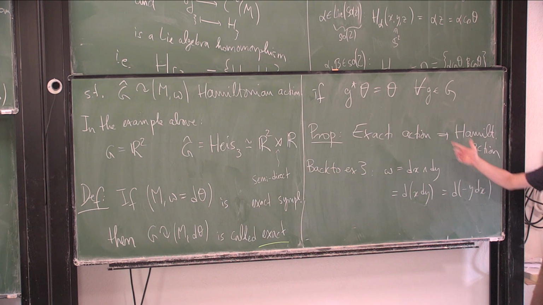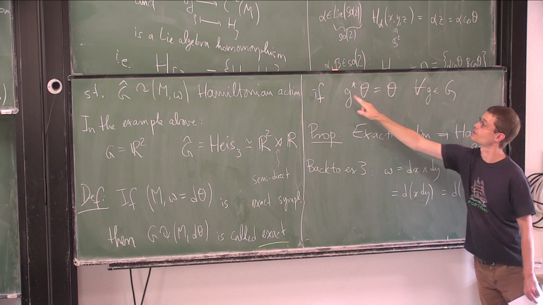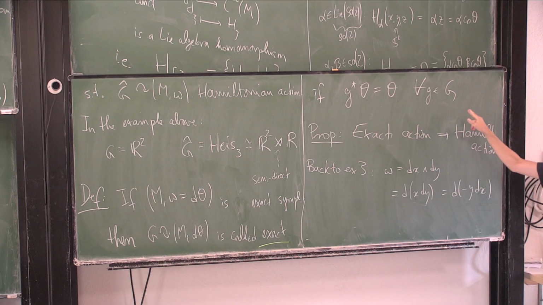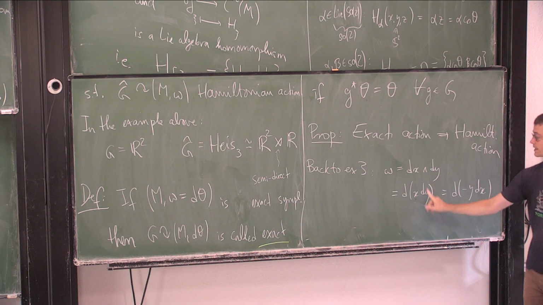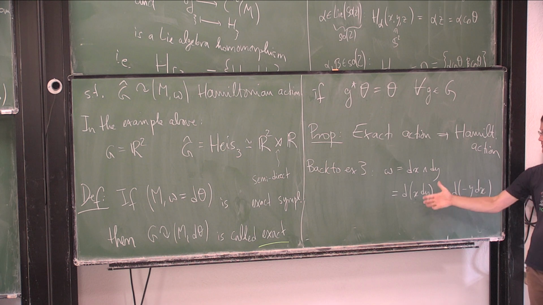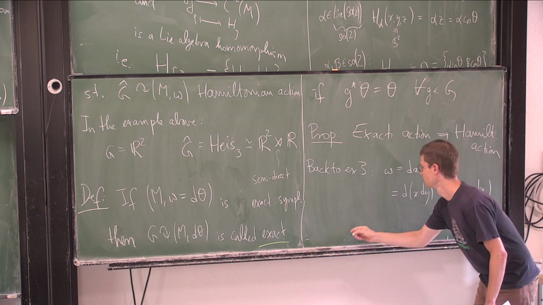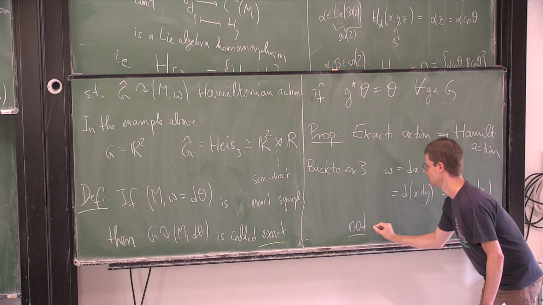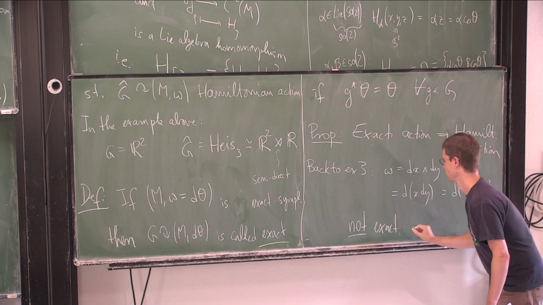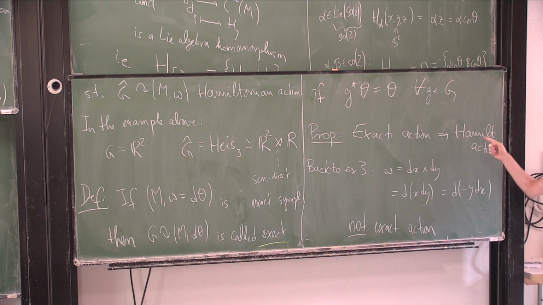Unfortunately, we have to make a choice, and once we have made this choice, we want it to hold for all elements. Even if this is invariant under y and this is invariant under x, each of them has some non-invariance. This typically is not an exact action. And this is actually good because we have seen that it's not Hamiltonian, so it cannot be exact.